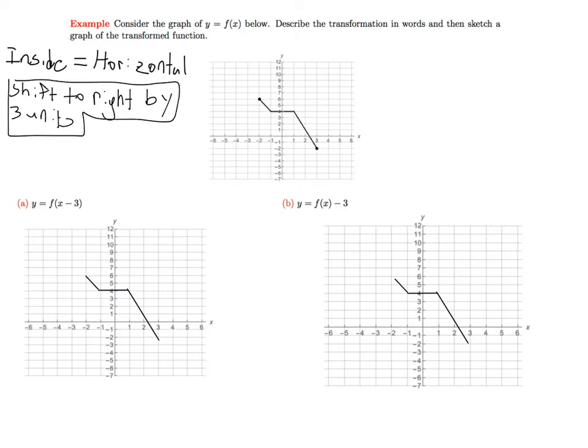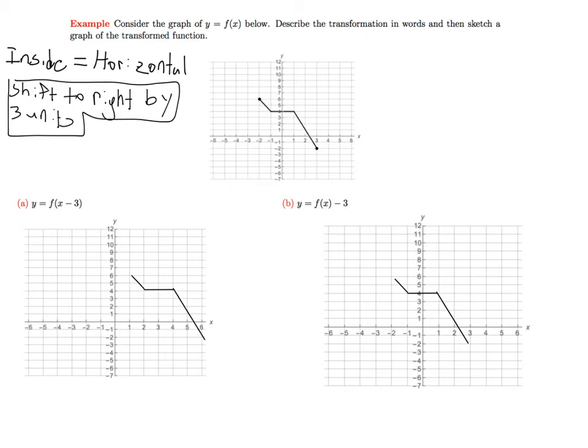So the graph that we have down here is the graph of f. And so what we're going to do is shift every point on this graph to the right by 3 units. So we pick this graph up and we move it 1, 2, 3 units to the right. And we wind up with a graph about here.